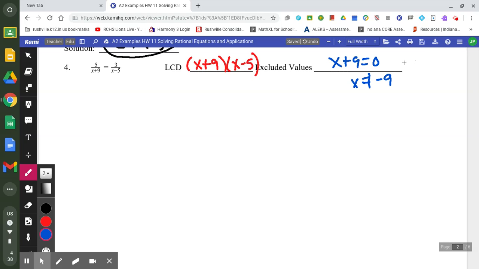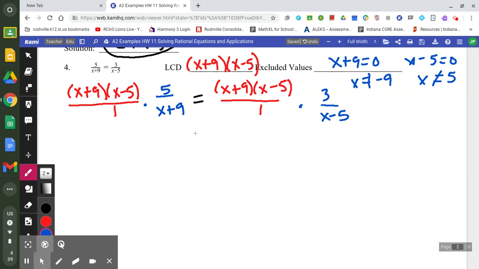And then we will also do that with the x minus 5. So x cannot equal positive 5. So then we will set up our least common denominators.